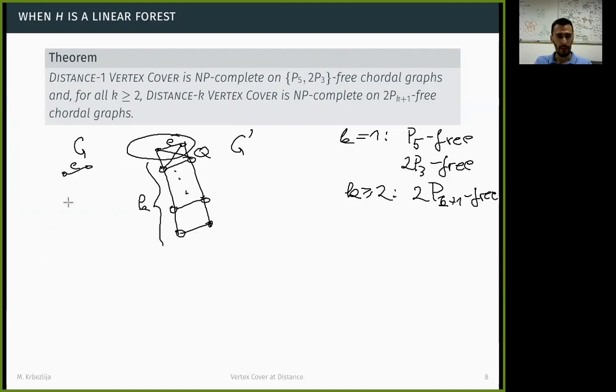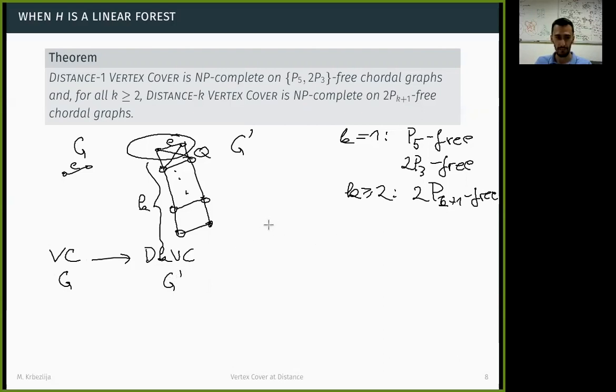Now, G prime can be obtained from G in polynomial time, which allows us to have the following reduction from the vertex cover on graphs G to the distance k vertex cover on the graphs G prime.